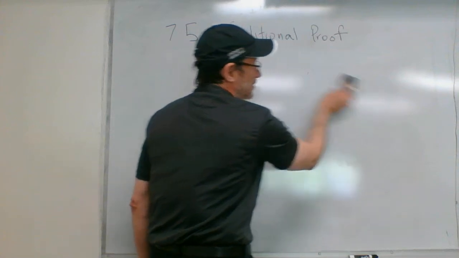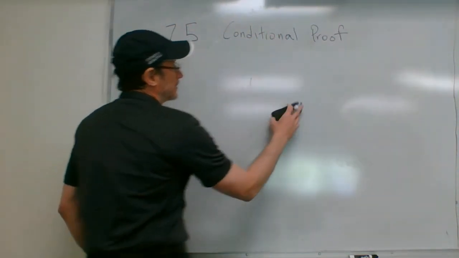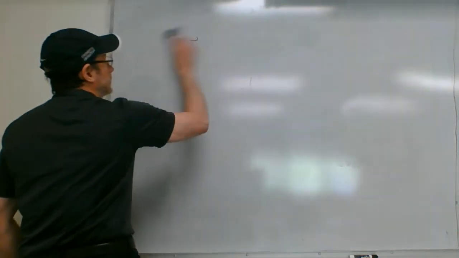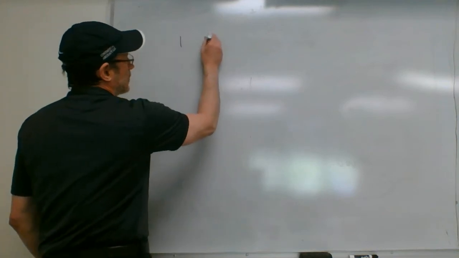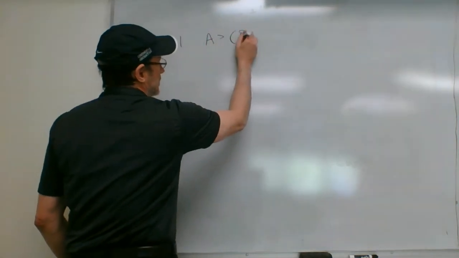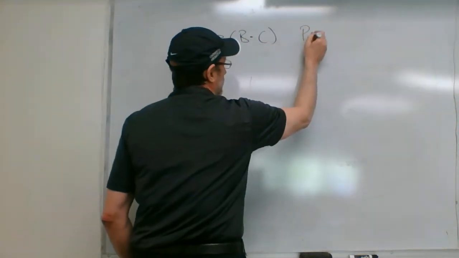So let's suppose I'm given the following premises. I'm just going to make a little more room here. I have A horseshoe B dot C. That's a premise.